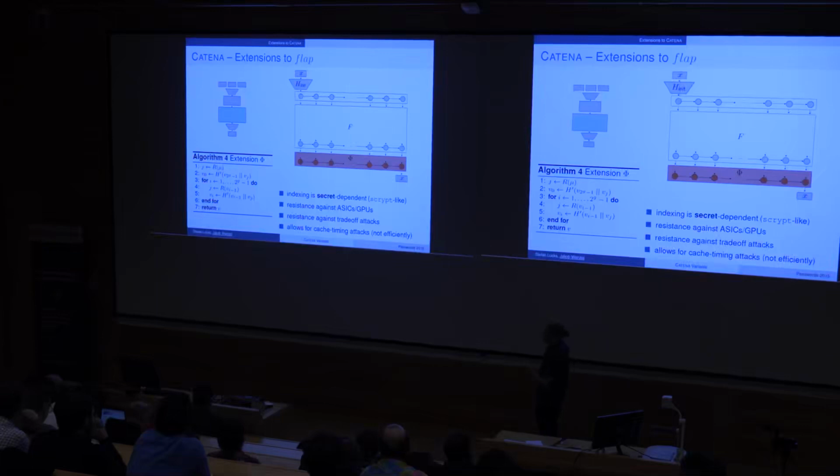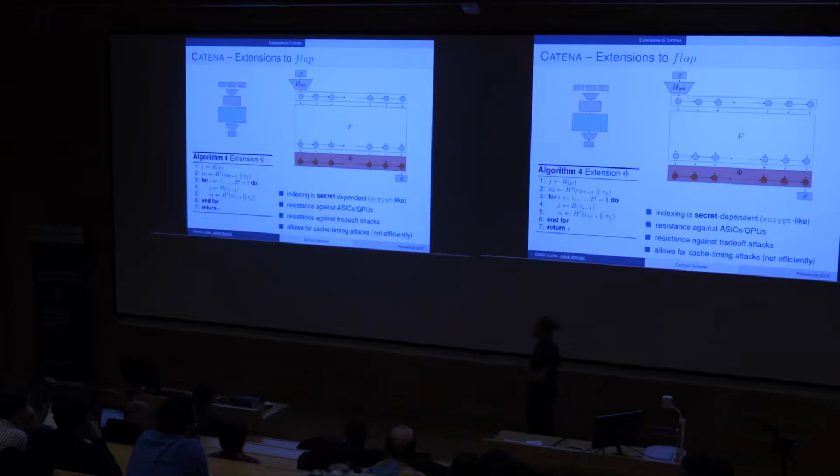So actually, this one is computed from its predecessor, and the second input is determined by the least significant g bits of this one. So this actually behaves like scrypt, where we have a state of 2 to the g values, and all the inputs for the next value computation are chosen randomly based on already computed state words.